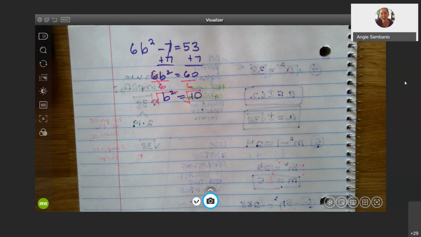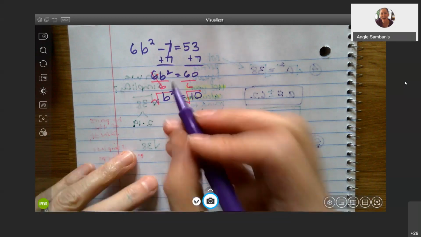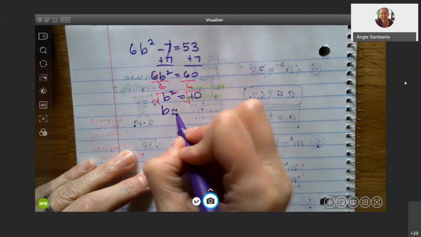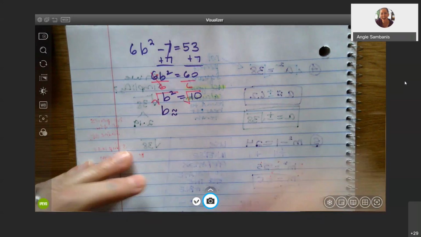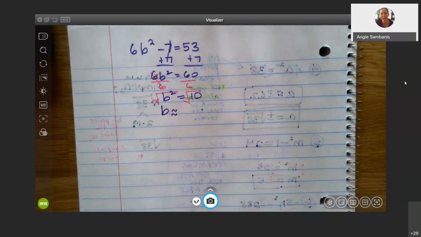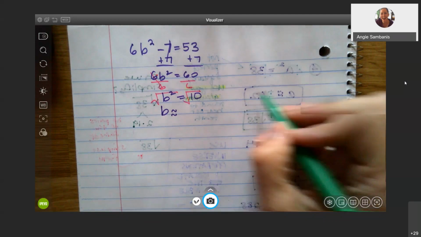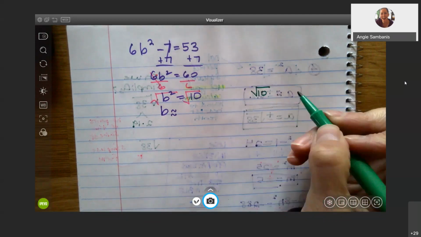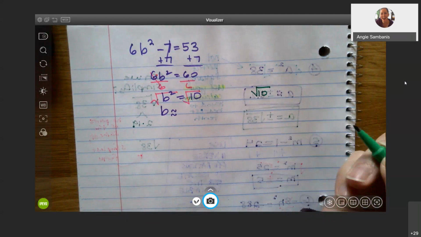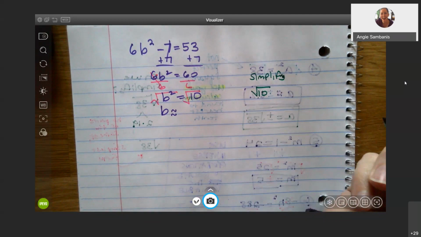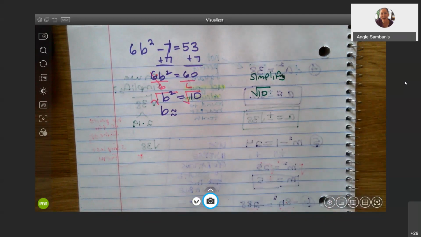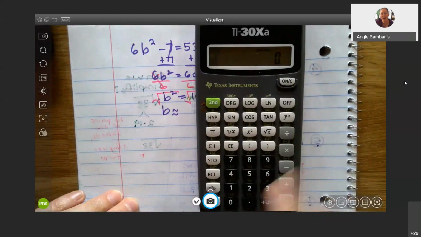We can use our calculator to get our approximate because it's not perfect. And then we can also try to simplify. So again, if you're using your calculator, we're putting in 10, we're taking the square root.